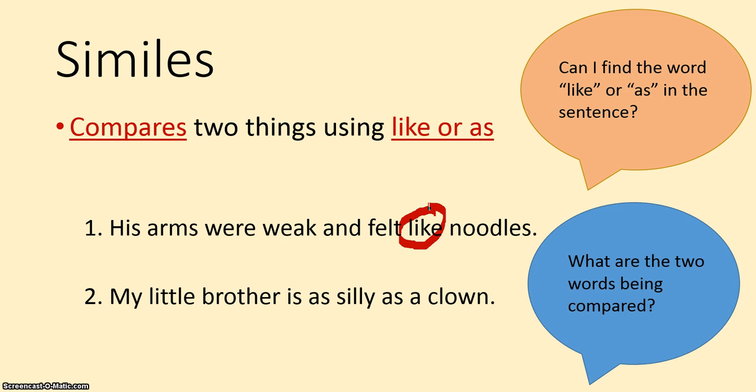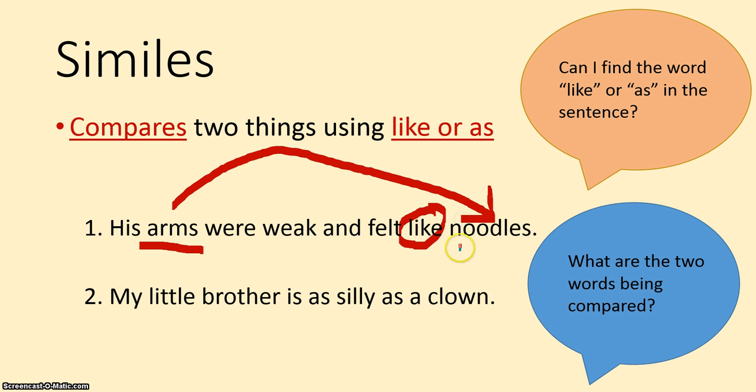What are the two words being compared? His arms were weak and felt like noodles. The simile is comparing arms like noodles.